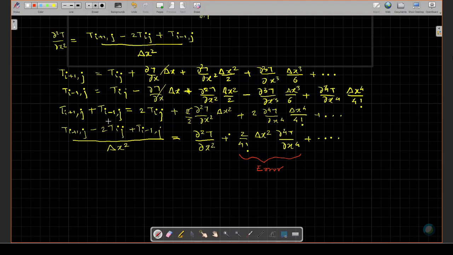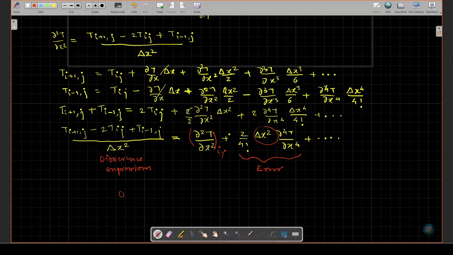Okay, so when you want to get a finite difference, or the difference expression, for a derivative around the discrete point ij, we got this expression with this error, which has a leading error term delta x square.